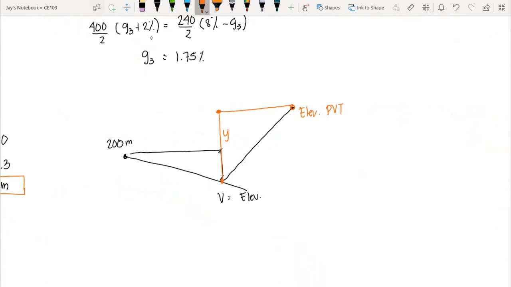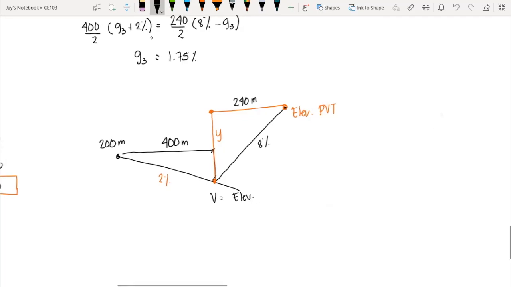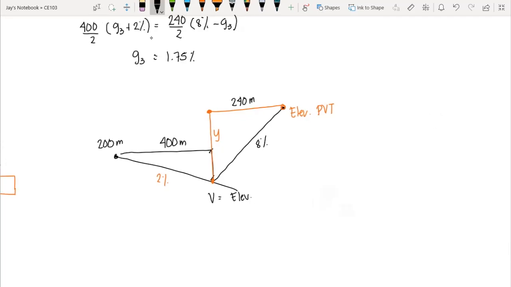So we can compute the elevation of the vertex here, and we know that the slope here is 2%, correct? And we know that this is 400 meters, and this 440 meters, correct? And this 8%. So that means we can compute this H, or this height number 1, let's say. We know that tangent theta is equal to opposite over the length.